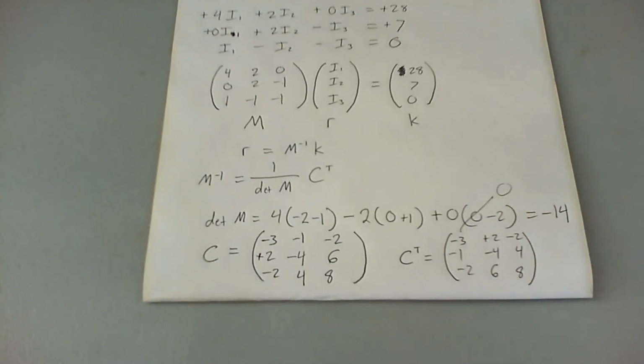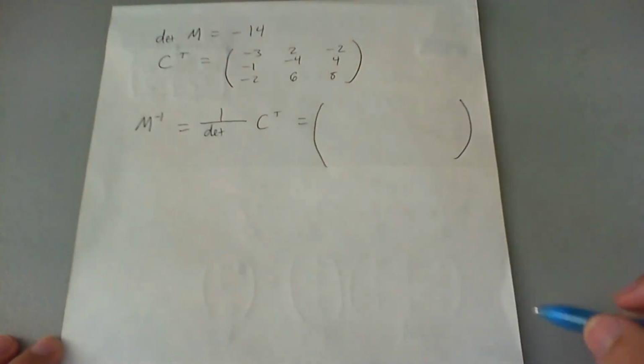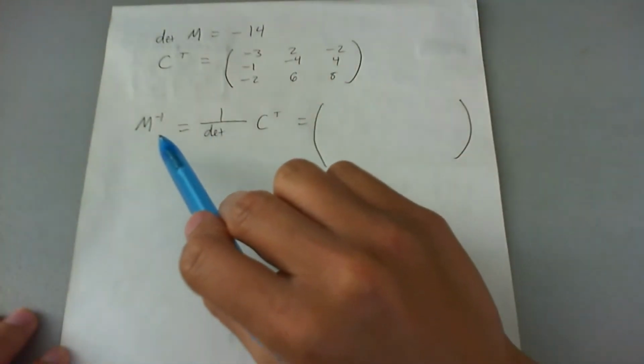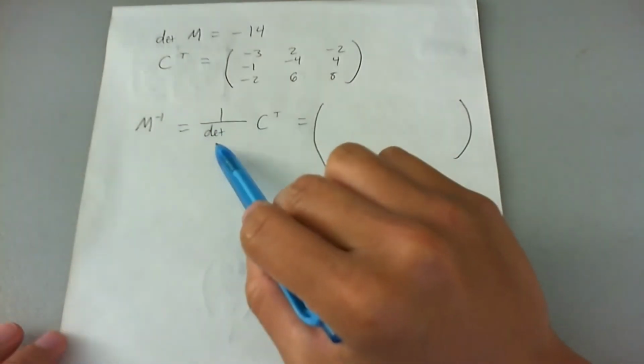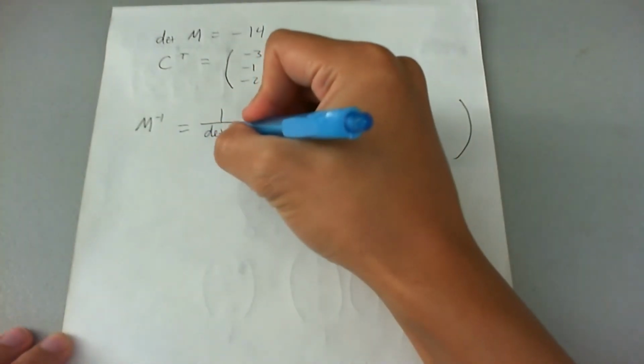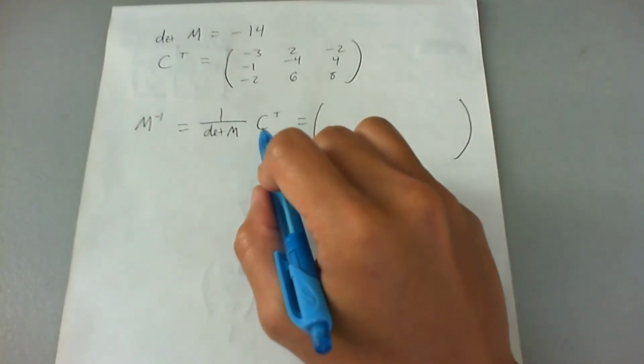Let's get a new piece of paper. Okay, so now that I got a new piece of paper, it's actually the backside of the first. I'm going to go ahead and finally solve for the inverse M matrix, and that is 1 divided by the determinant of M multiplied by the transpose of the cofactor matrix.